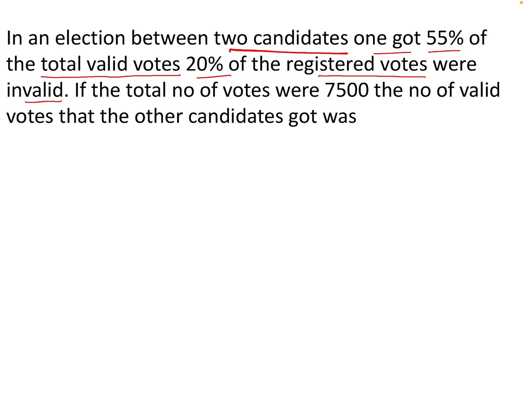If the total number of votes were 7,500, then the number of valid votes that the other candidate got was how much, they are asking.